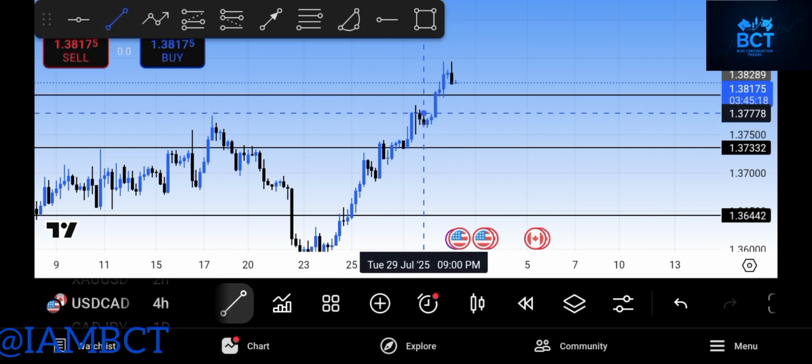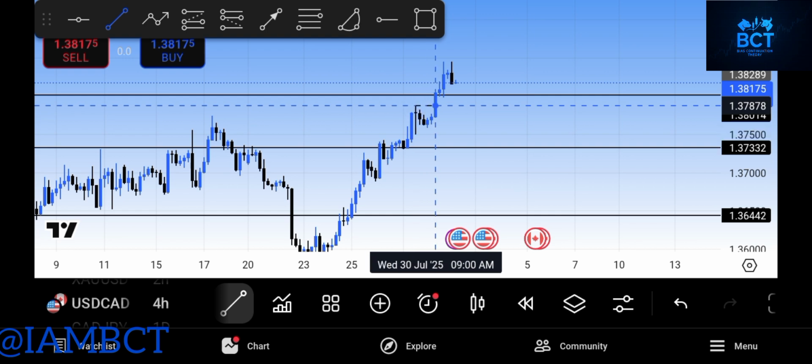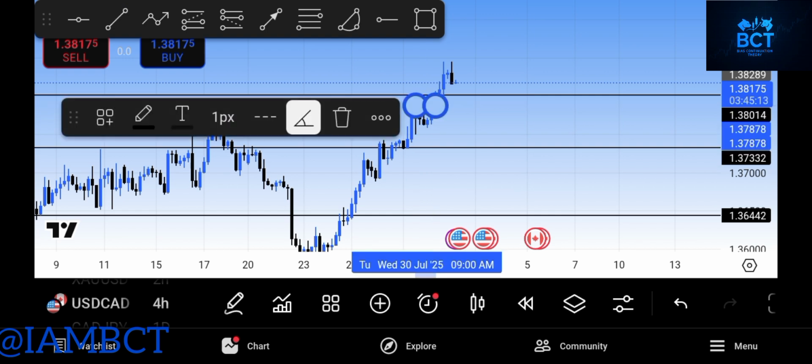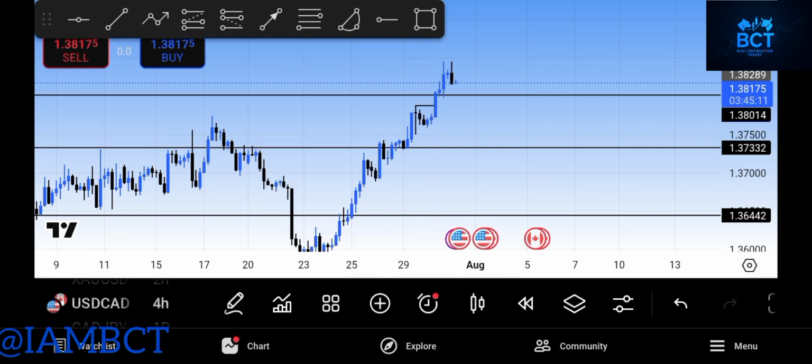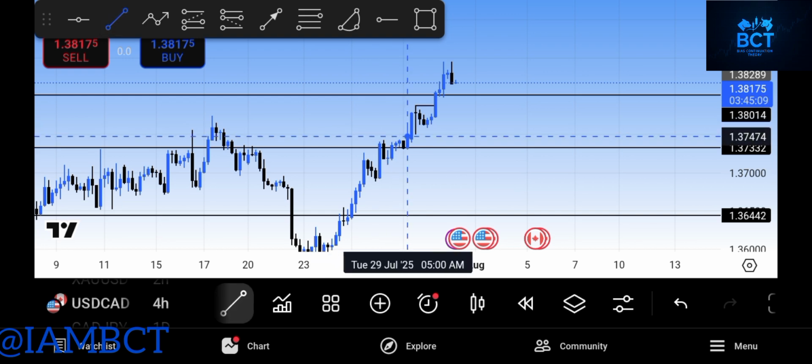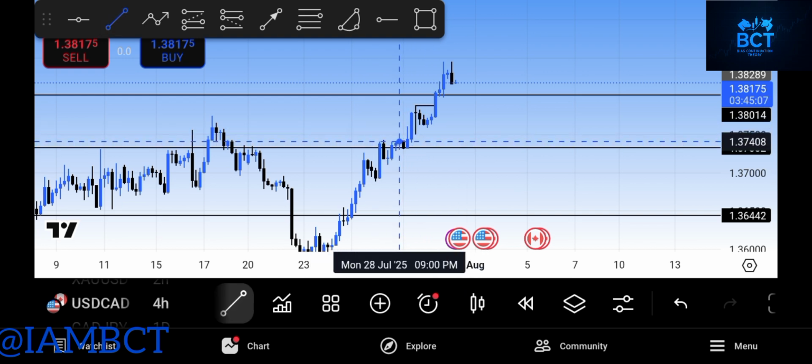To see a break of structure to the upside. We expect the market to come back to this zone and give us an entry. This zone right here.